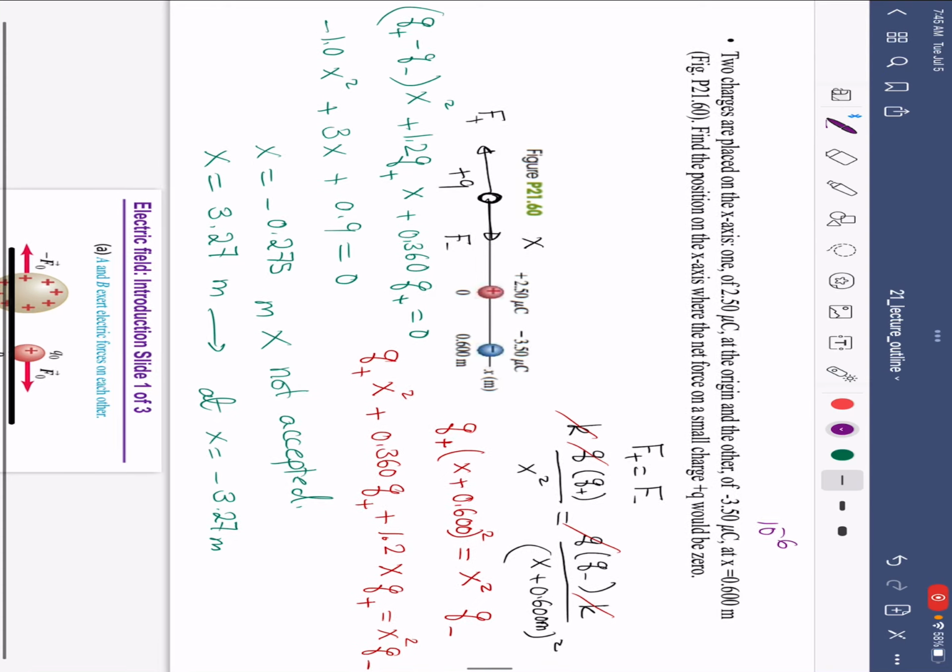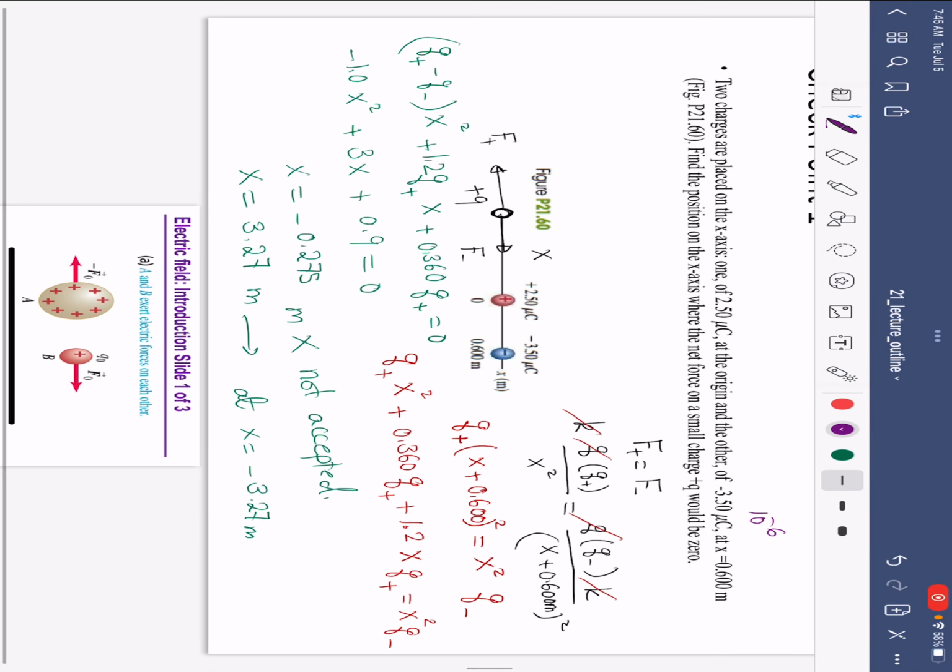One thing I want you to know: whenever I have two charges that are different, the point where the force is zero is going to occur outside, not between the two charges. If they are like charges, both positive or both negative, you are going to find that this point where the force is 0 is between the two charges.